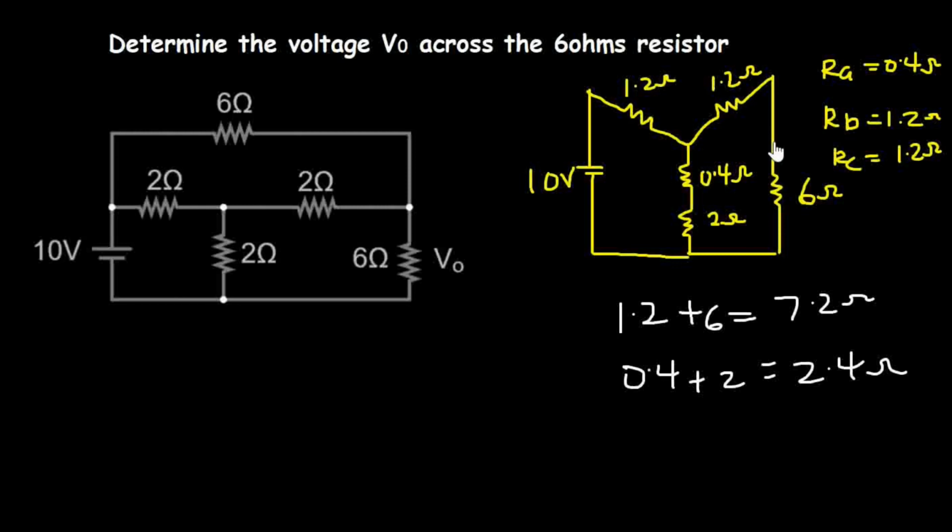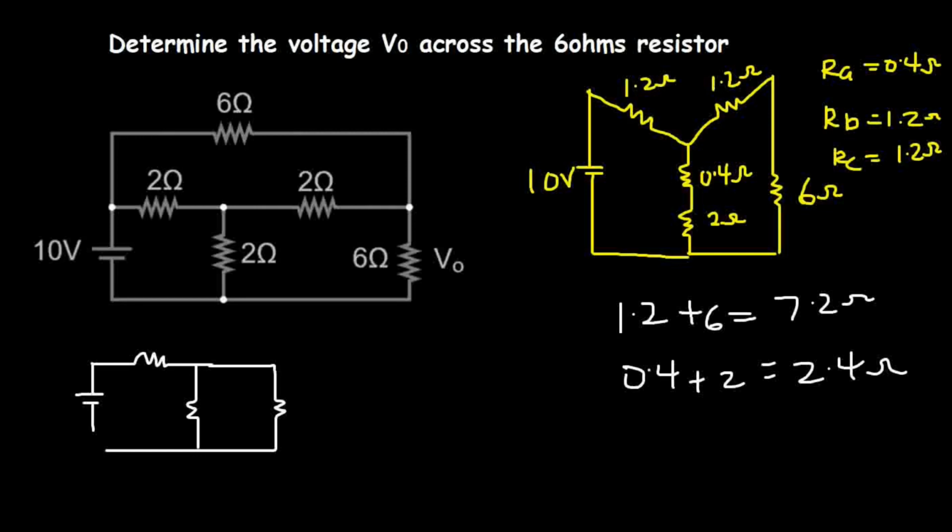So instead of using these two resistors here, I'm going to use a 7.2 ohms resistor, and instead of using the 0.4 and the 2 ohms, I'll use the 2.4 ohms resistor. So now let's redraw the circuit. I have the circuit now to be something like this. Then I have another resistor here, then the voltage source here.